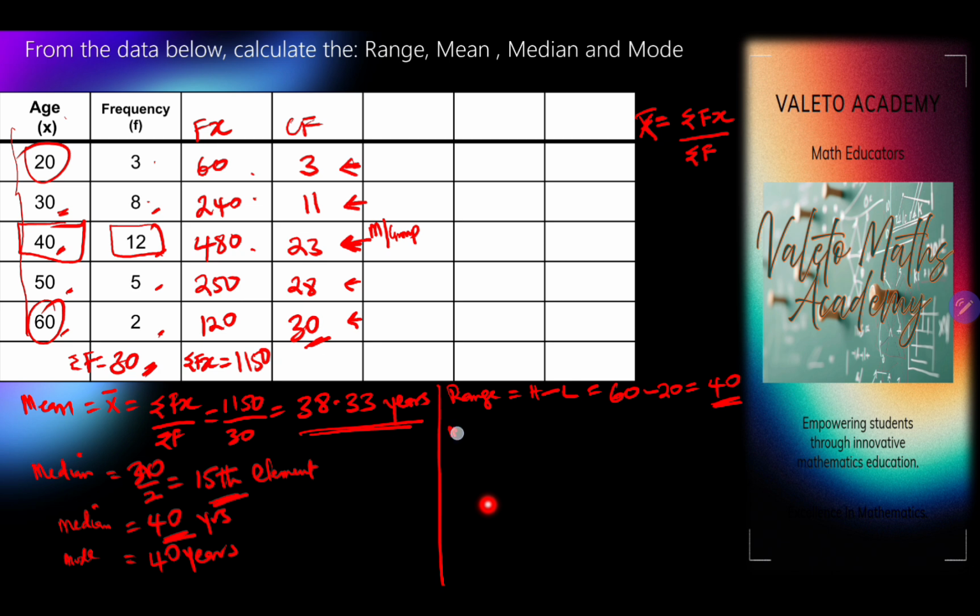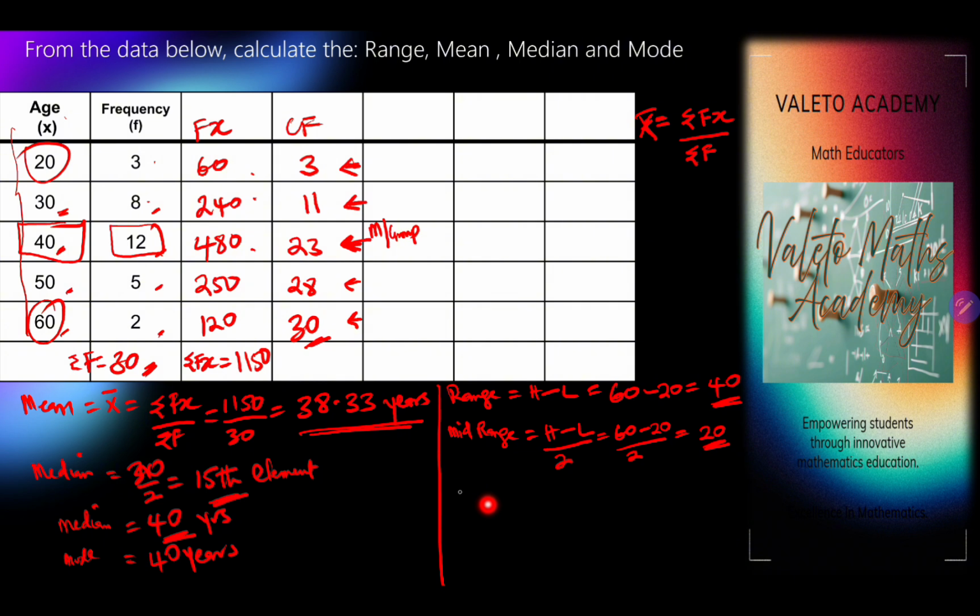Then if we look for the mid-range value, like we did the first time, it is the average of the highest value and the lowest value, divided by 2. This is the same thing as 60 minus 20 divided by 2, which is 40 divided by 2, which is 20, right?